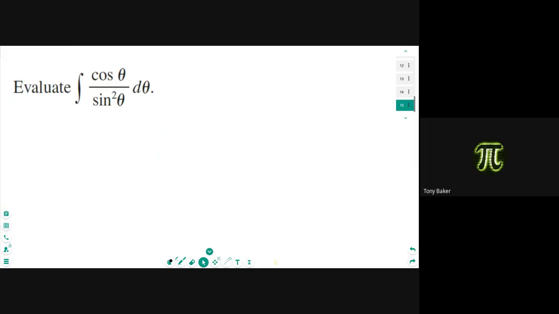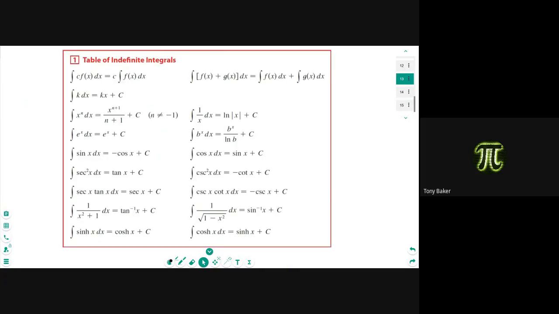All right, try this one. Write it down and I'll switch back over to the other screen so you can have the table. There you go.